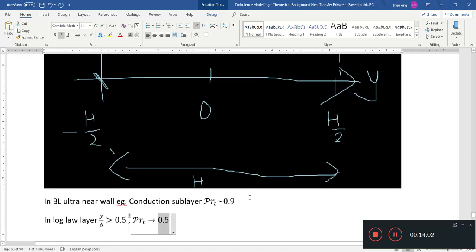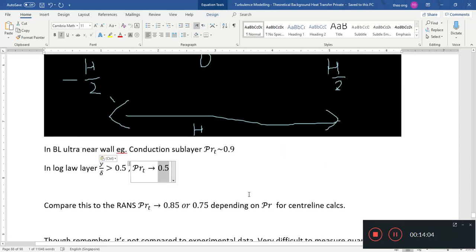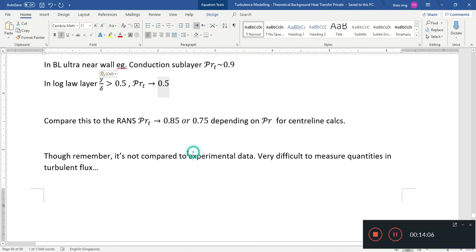If that works, that works, and this is shown to be okay. And you can compare this to Prandtl number equals 0.85 mostly, or 0.75 if you have a slightly different fluid, a high Prandtl number fluid, so this will drop or something.